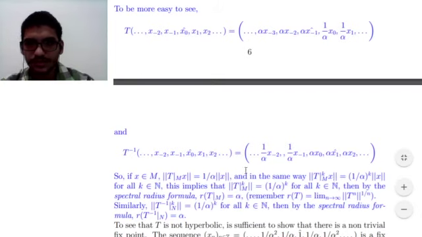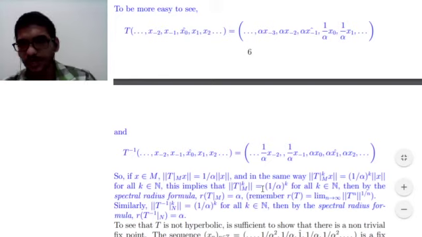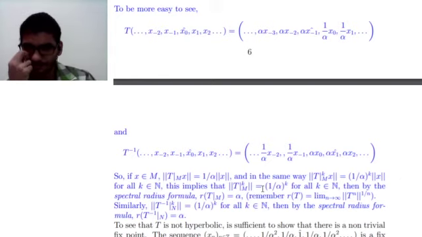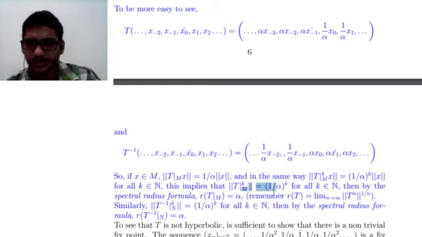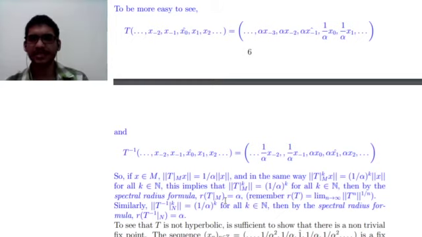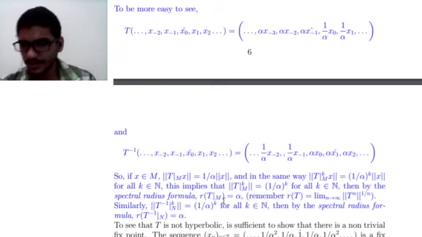So you will have this for all k in N. This implies this inequality, because you have this for all x. Then by the spectral radius formula, remember that it is this formula, you apply it, and you will have that the spectral radius of T restricted to M is equal to alpha.